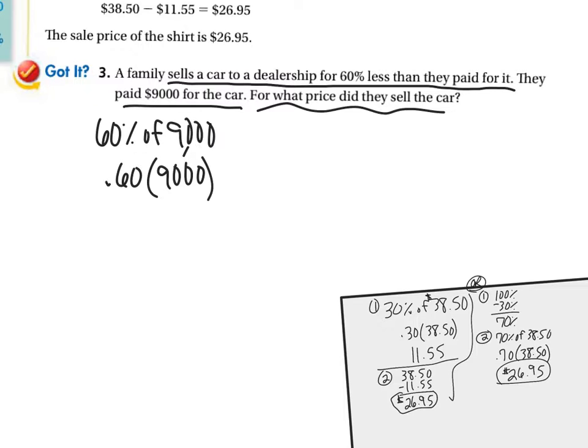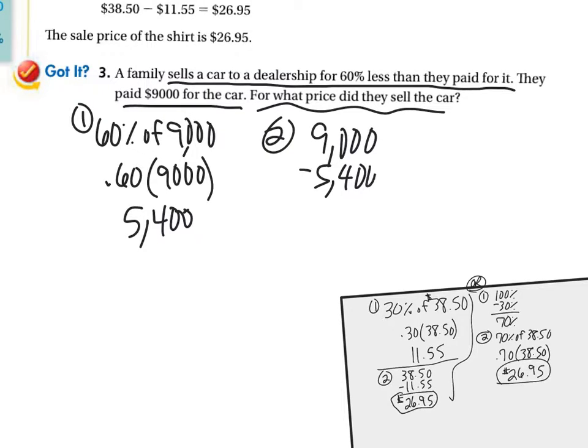So change percent to a decimal. Of means multiply. That's 5,400. That's how much less that they got than what they paid for it. So we could then take 9,000 minus 5,400, which would be 3,600.